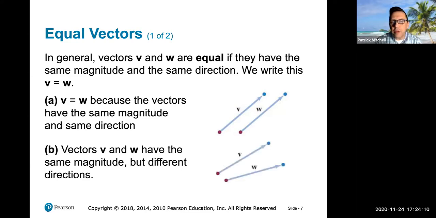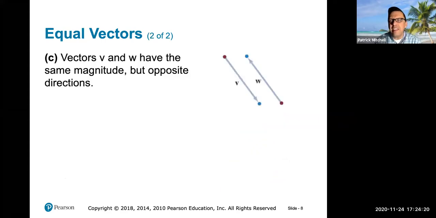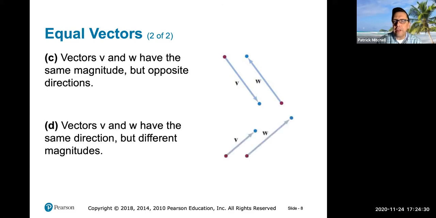In this example, the vectors have the same magnitude, the same length, but different directions. So these two vectors would not be equal. These two vectors almost look like they're equal, but they actually have opposite directions. So those two vectors are not equal. And finally, these two vectors have the same direction, but different magnitudes. So they would not be equal.